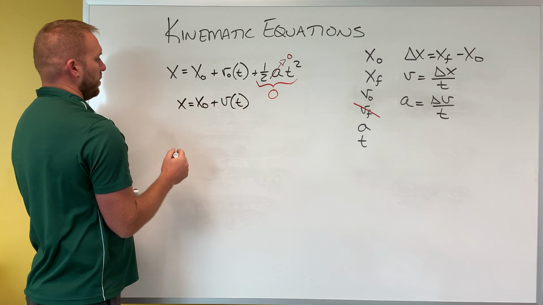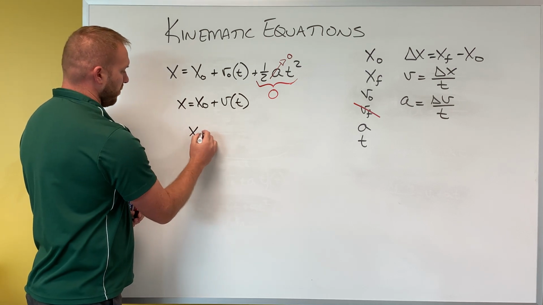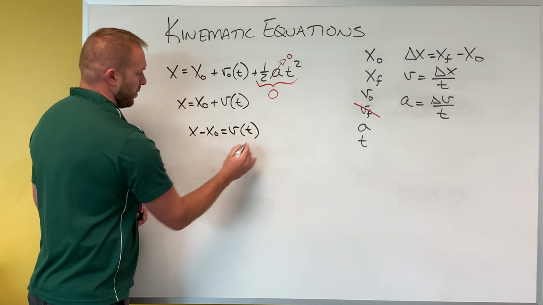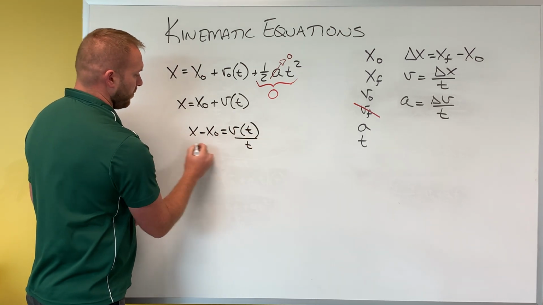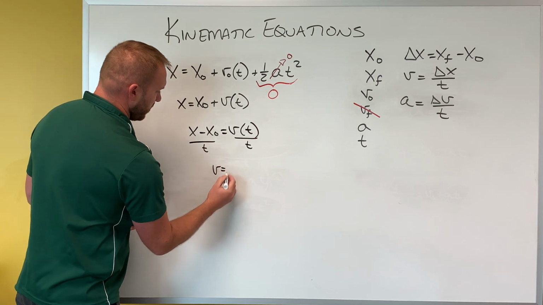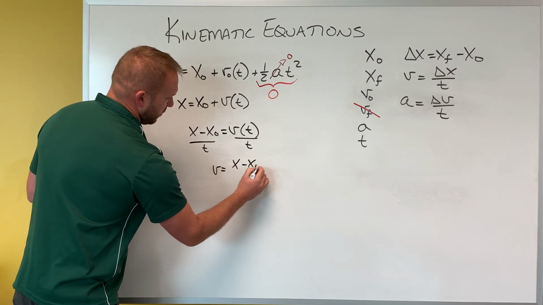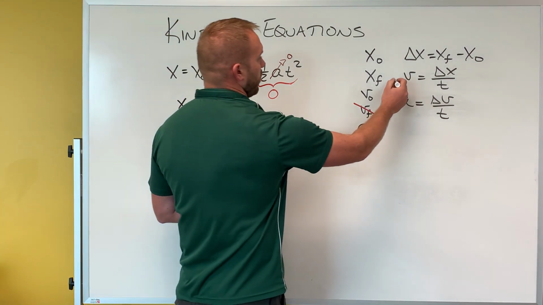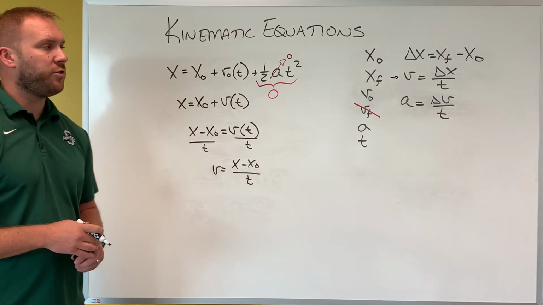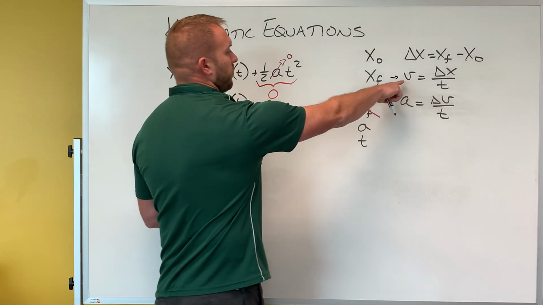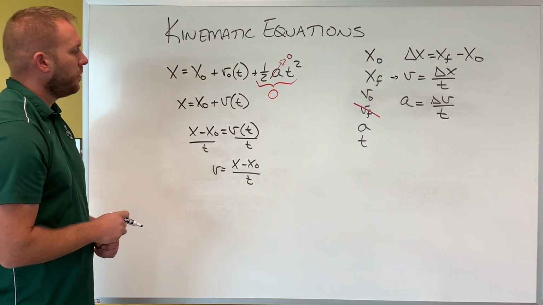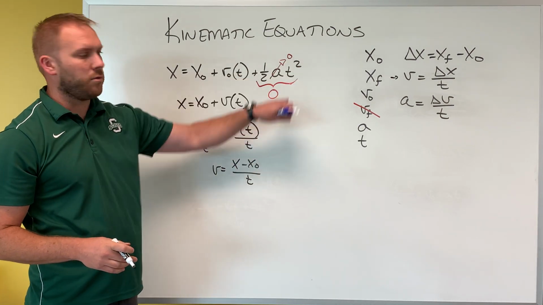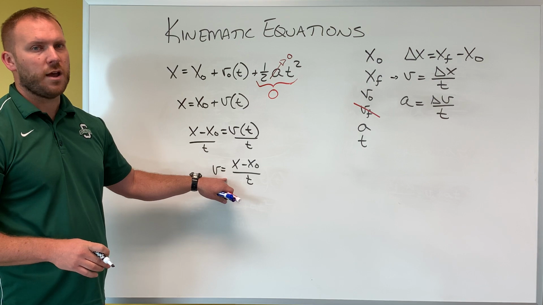I could subtract my initial over and have position minus initial position equals velocity times time. And then I can divide each side by time. And that would give me velocity equals position minus initial position over time. So that's a way that, even though on our equation sheet we are not given our velocity equation, this is understood for a constant velocity. So I can use this equation here as acceleration is 0 to find what the velocity equation actually would be.